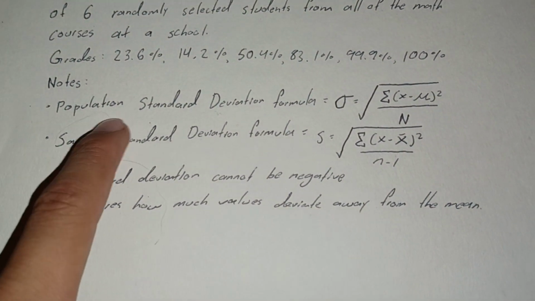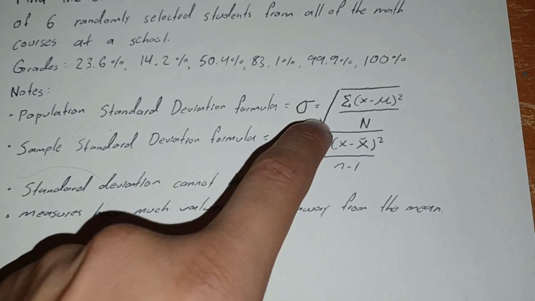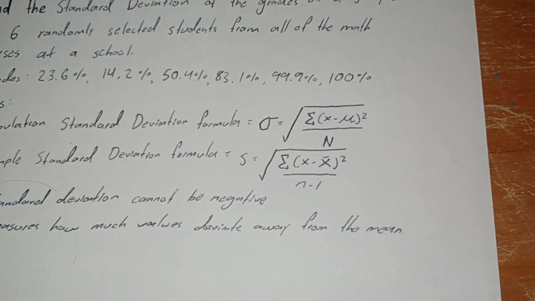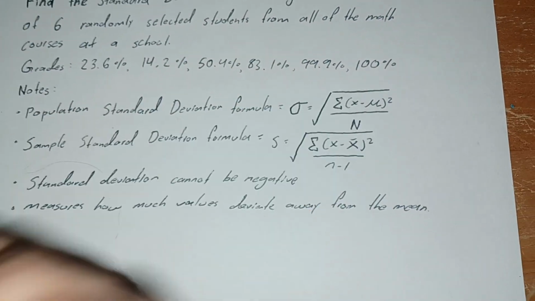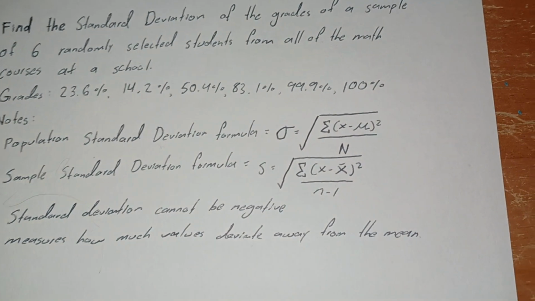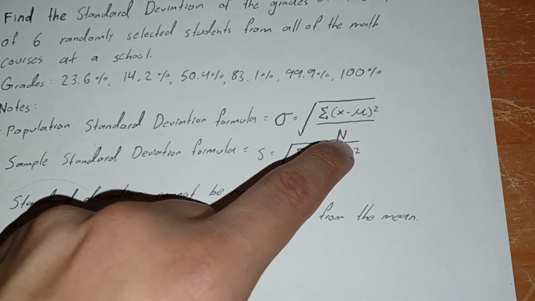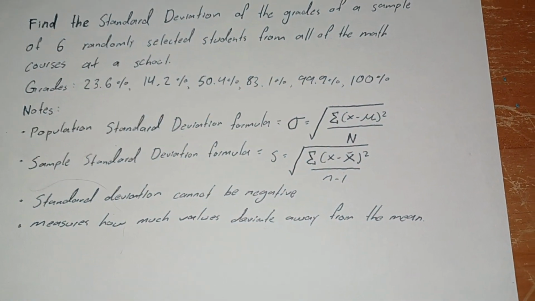The population standard deviation formula is sigma equals the square root of the sum, that little e means the sum, of x minus the mu squared, over the capital letter N. So what is mu? The mu is the mean. What is our capital letter N?